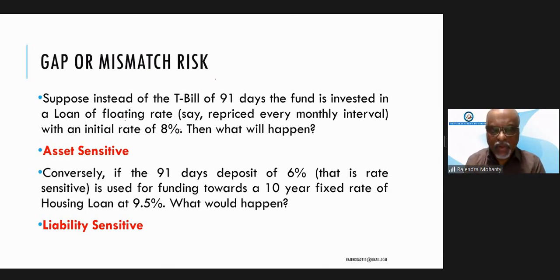Okay, so whenever the rate of interest changes on the liability side, it will affect the NII in that manner. If the rate of interest on liability falls down, then what will happen to our NII?